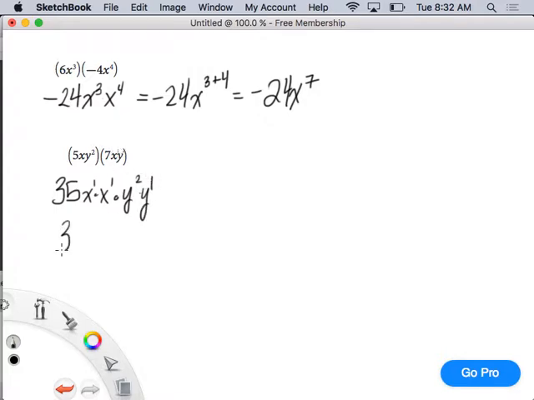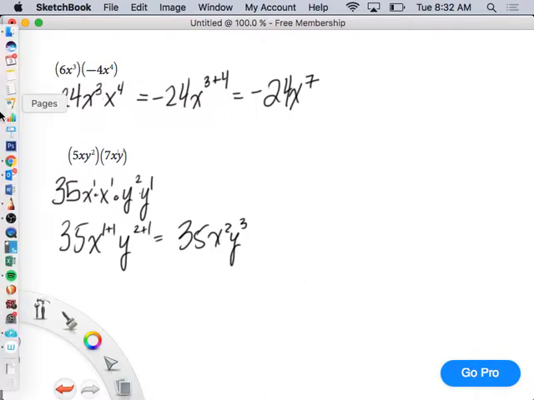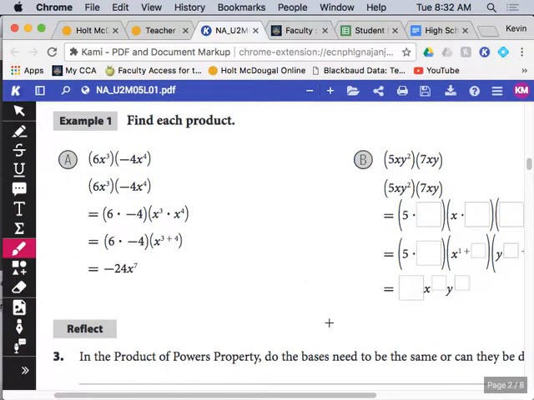And so again, I just add the exponents, x to the 1 plus 1 times y to the 2 plus 1 equals 35 x squared y cubed. You guys see this? Okay. All right. Any questions on this? Okay.